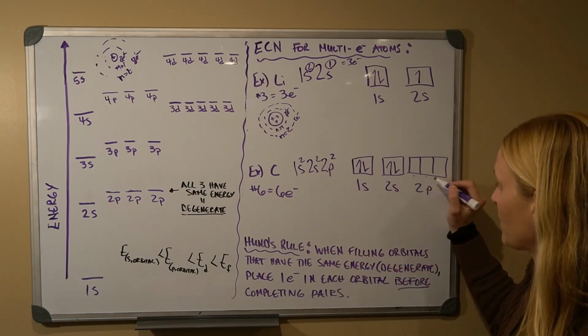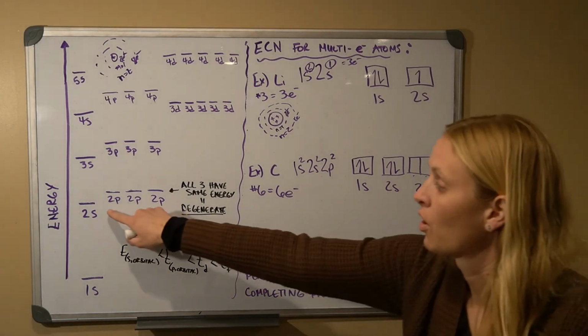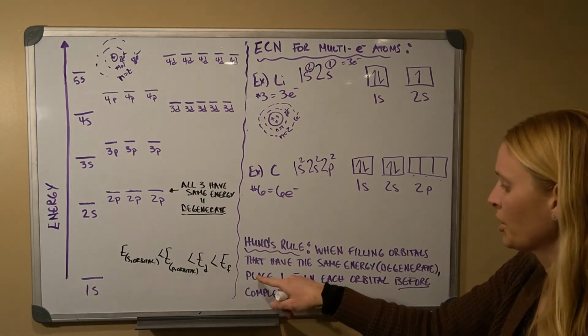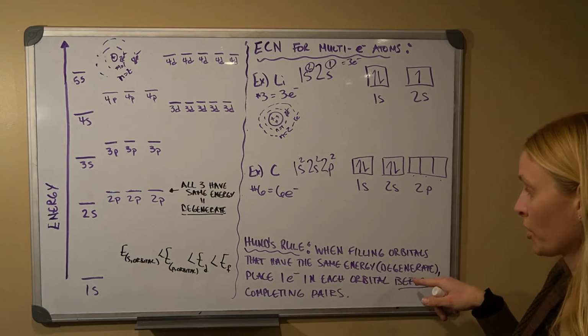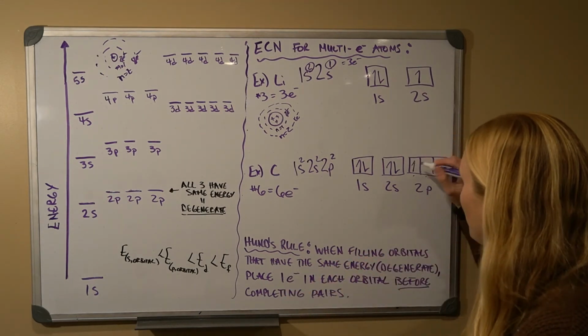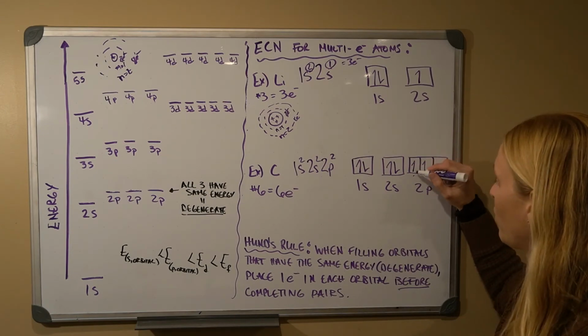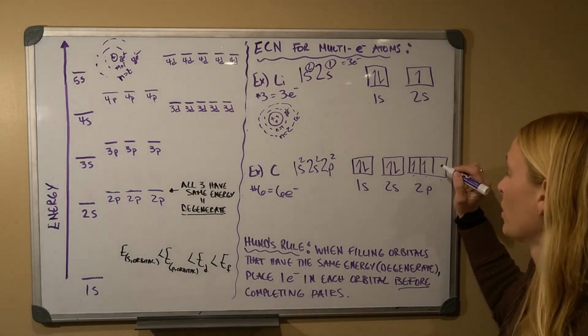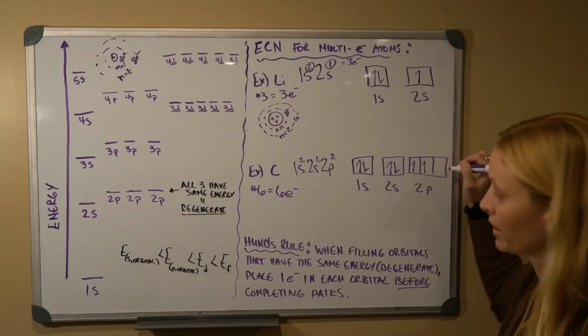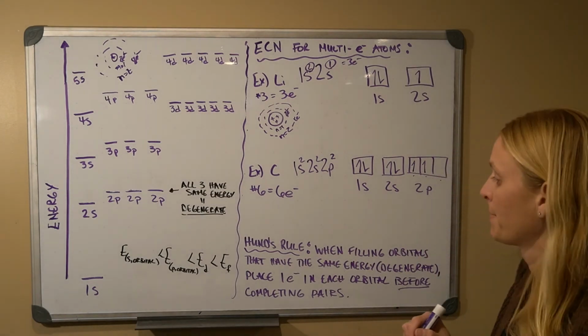This is the px, py, pz. They're all the same energy level. You place 1 electron in each orbital first before going back and completing pairs. I would put 1 electron there and 1 electron there. I wouldn't fill the first one first. If I had more electrons, I would put the next one there, and if I had more, I would go back and start pairing them up.